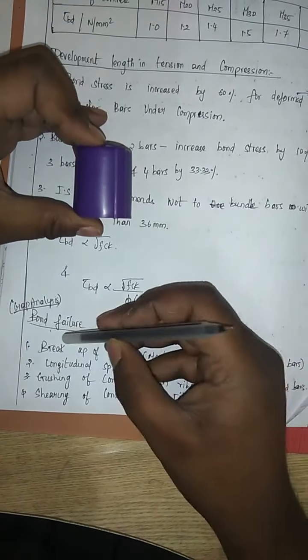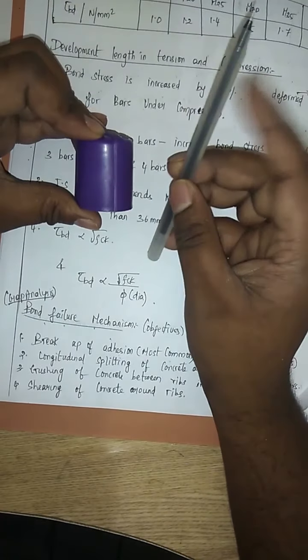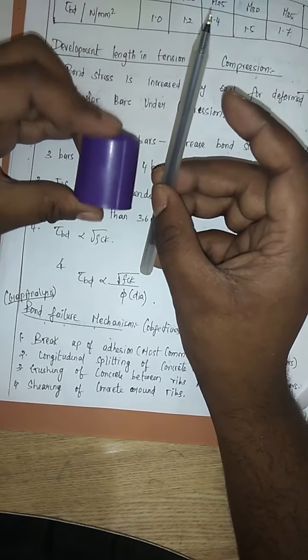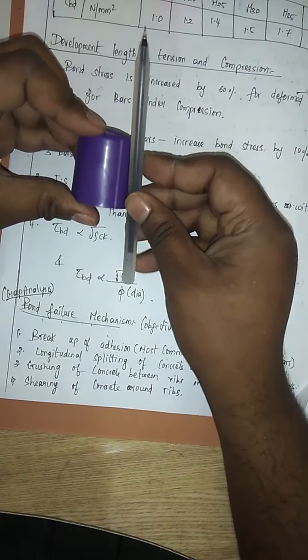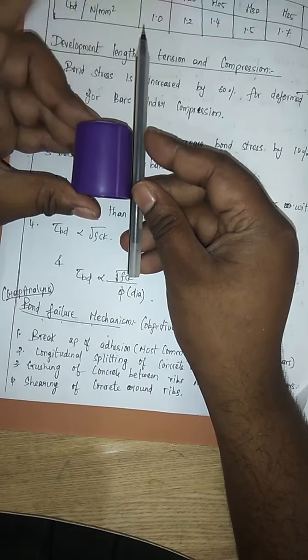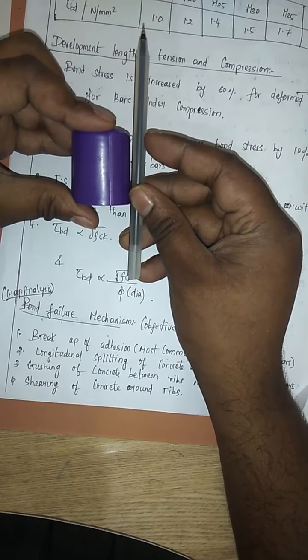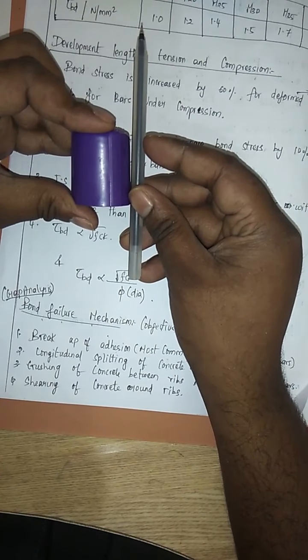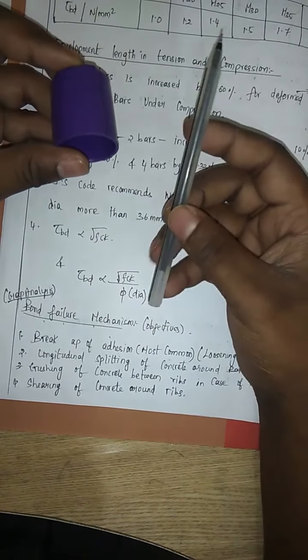Likewise, if we take this as the steel rod and this is concrete, the steel rod is embedded inside the concrete. If there is a break in this adhesion, what will happen? This bond will fail immediately, there will be a collapse.